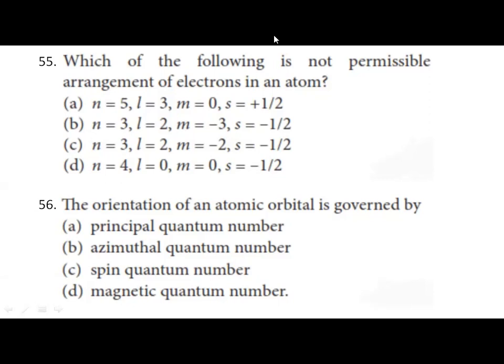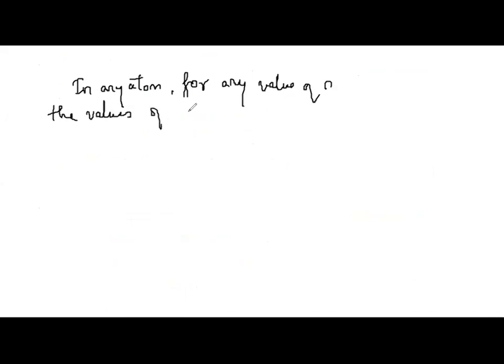So the question asked is, which of the following is not a permissible arrangement of electrons in any atom? For any value of n, we know that the values of L vary from 0 to n minus 1, right?